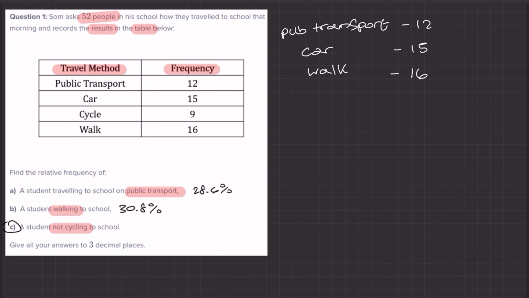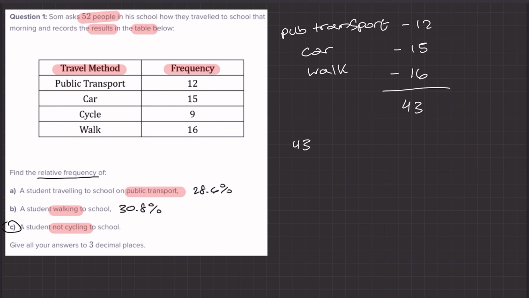And so if we're finding the relative frequency of a student who does not cycle, that means we need to add these 3 values together. So we have 12 plus 15 plus 16, and I'm doing this on my calculator, that gives me 43, and then 43 out of 52 total people.